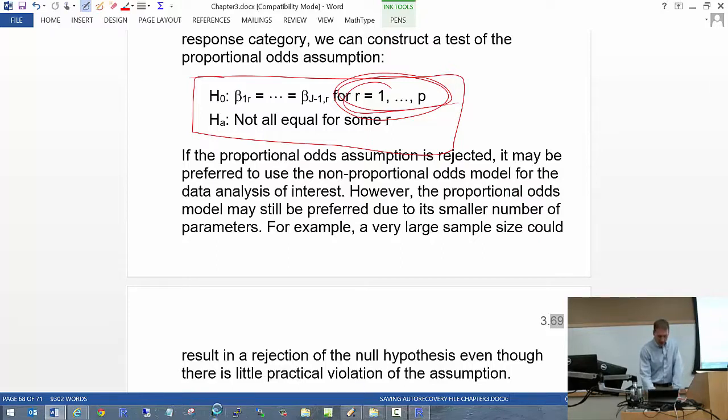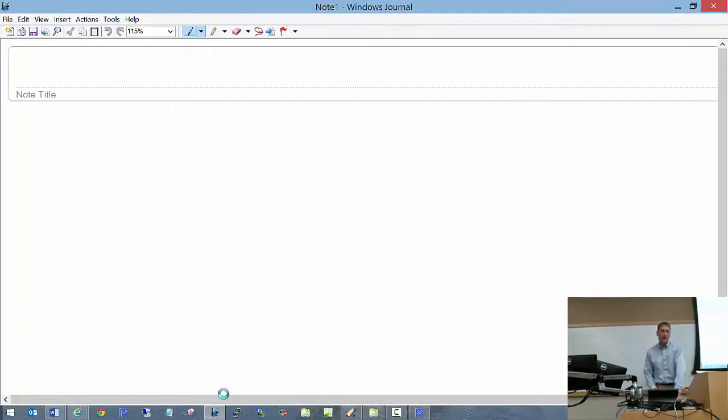Let me relate it to a simpler setting, just to make sure you've seen this before. Let's say we're looking at a population mean, and suppose this population mean represents the mean GPA of all students on campus. Suppose I hypothesize it to be 3 for some reason, and I'm testing, is it 3 or not equal to 3?